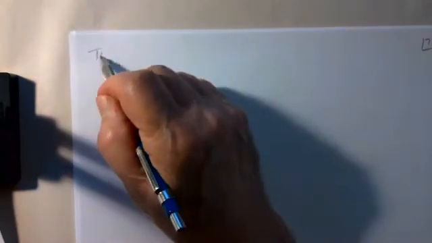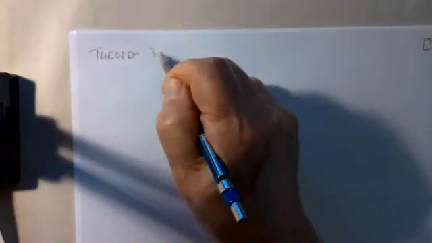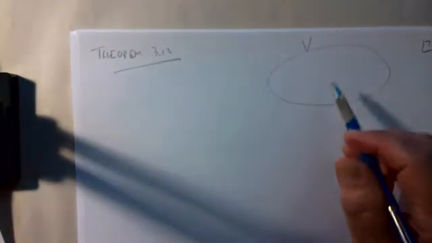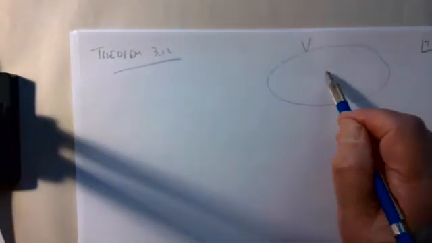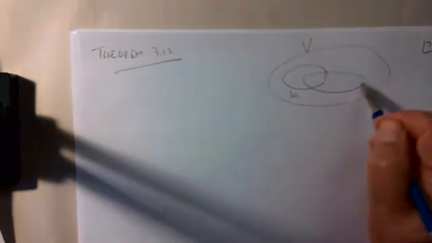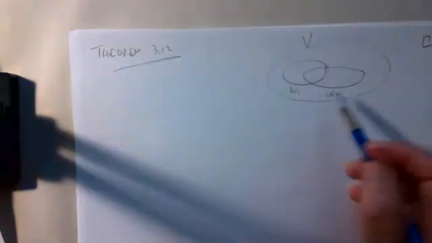So I'll prove one more theorem about dimension. This is Theorem 3.12. Here we have a vector space, and in that vector space we have two subspaces, say W1 and W2. And they could overlap. That's certainly possible.